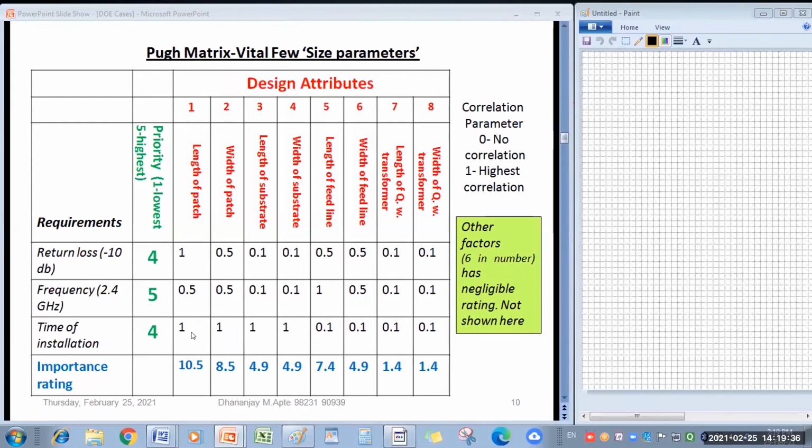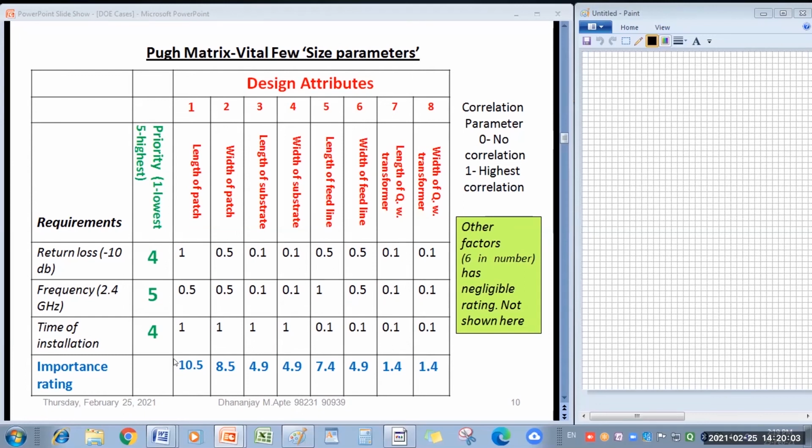Now, after writing relation values, you do multiplication. This with this, this with this, this with this. And then make addition. Then write this importance rating. Now, for achieving this requirement of the customer, you are going to employ the first design attribute, having the highest rating.